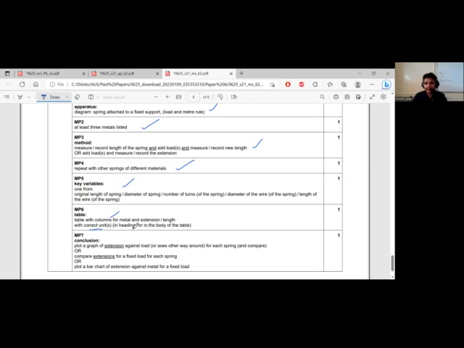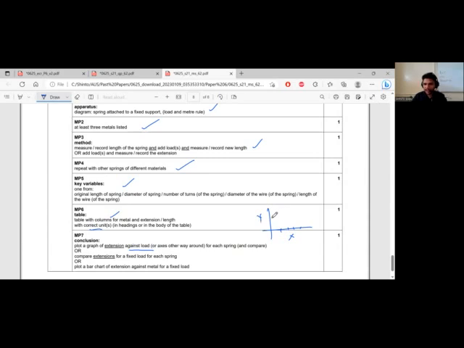Now, in every experiment, in order to reach a conclusion, you have to analyze your data. Usually we analyze data by plotting graphs between the two variables that you have chosen. Let's say in this particular case, you're plotting a graph of extension against load. Ideally for a graph, the independent variable is taken along the x-axis and the dependent variable along the y-axis.